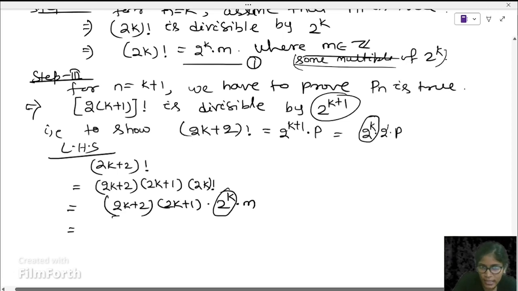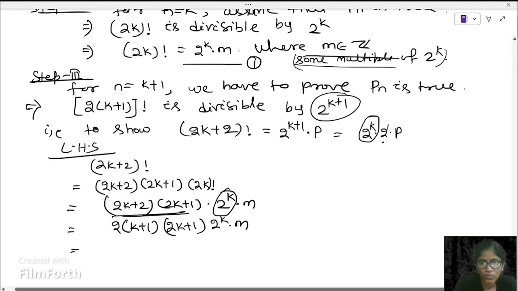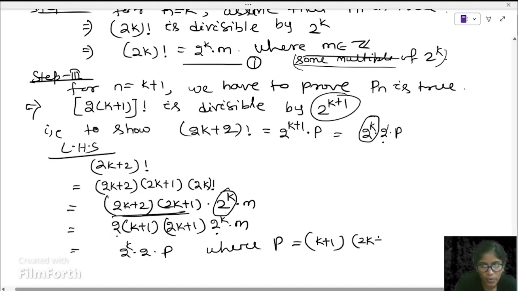Now to show this is a multiple of 2, that means 2 into k plus 1, taking these 2 as common: 2 into k plus 1 into 2k plus 1 into 2 to the power k into m, which is equal to, excluding 2 to the power k and 2, 2 to the power k into 2 into p, where p is equal to k plus 1 into 2k plus 1 into m, which is equal to RHS.